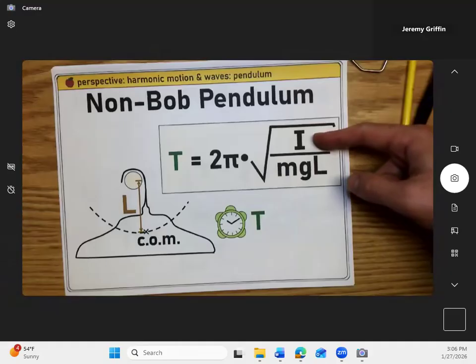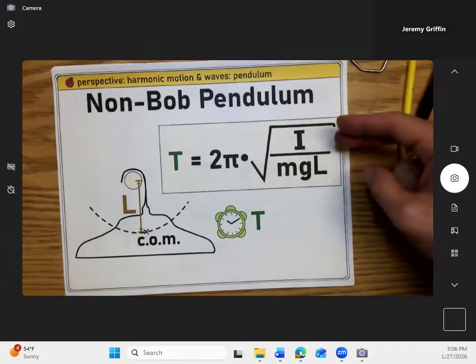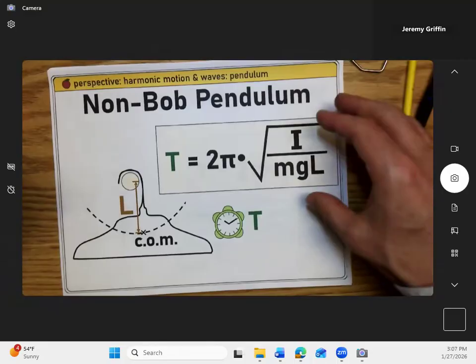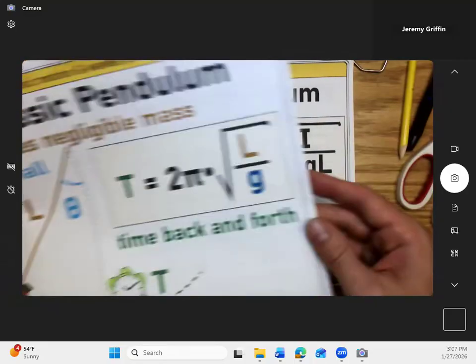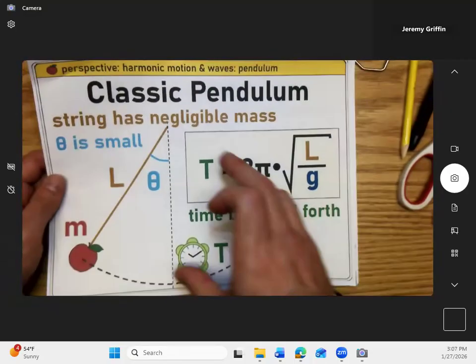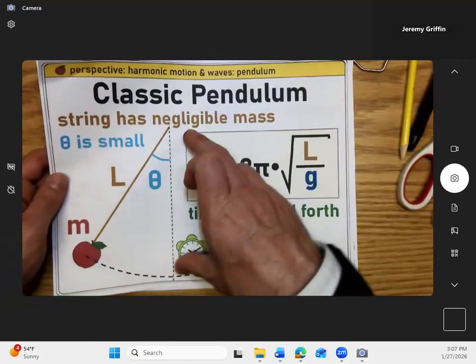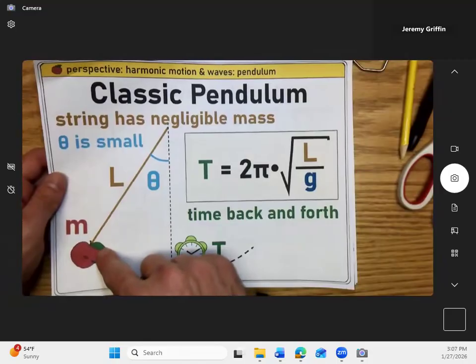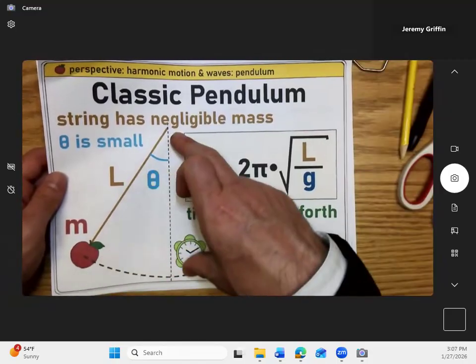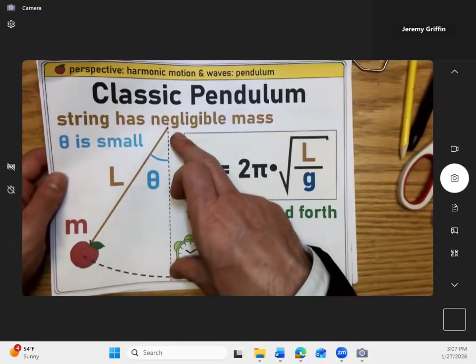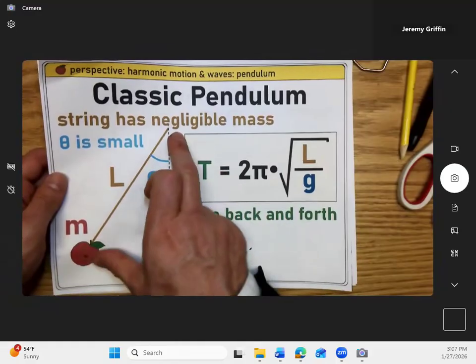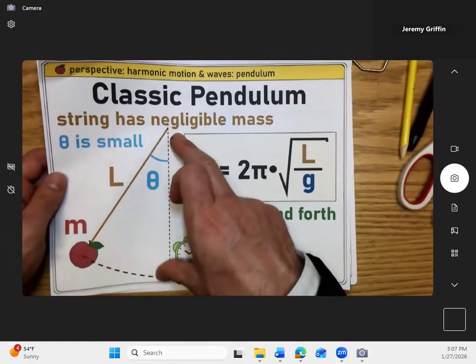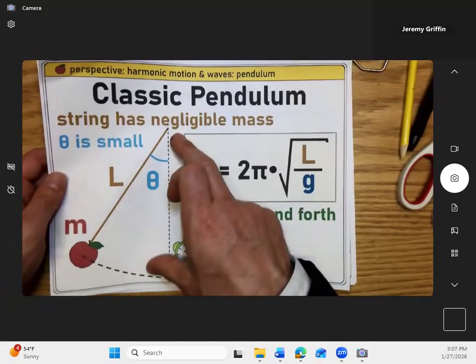So what I do want you guys to see is the connection between this more general type of pendulum and this classic pendulum. What do you guys know about rotational inertia of a point mass? Let's go back a couple of weeks in this class. A point mass, what's the rotational inertia? M R squared.